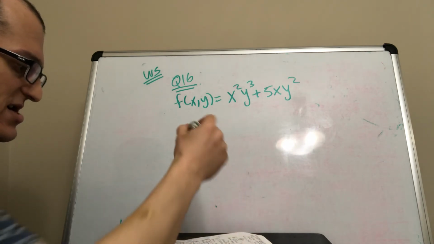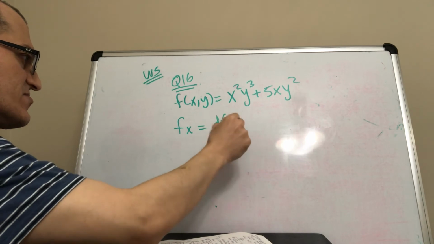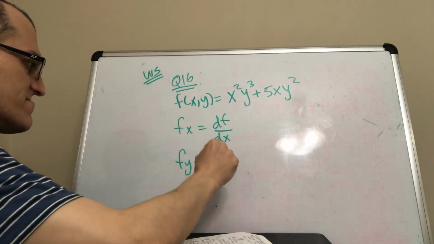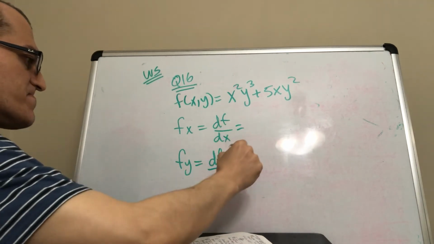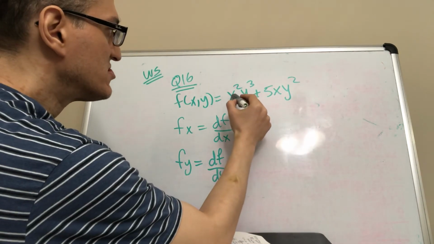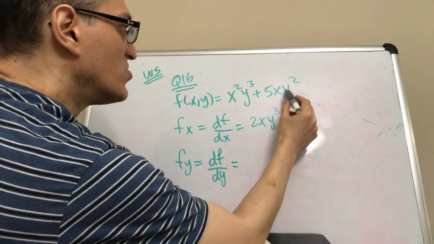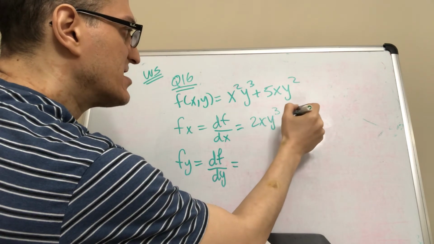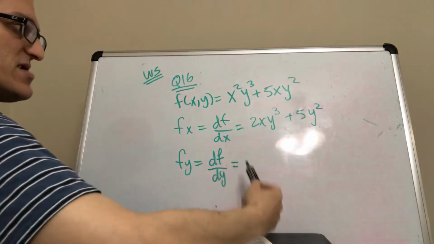So you're finding fx, or derivative with respect to x. You could be asked to find the derivative with respect to y. So derivative in terms of x, y is a constant, so x squared differentiates to 2x. 5y squared is a constant, so a constant in front of x gives that constant. So that's the derivative with respect to x.